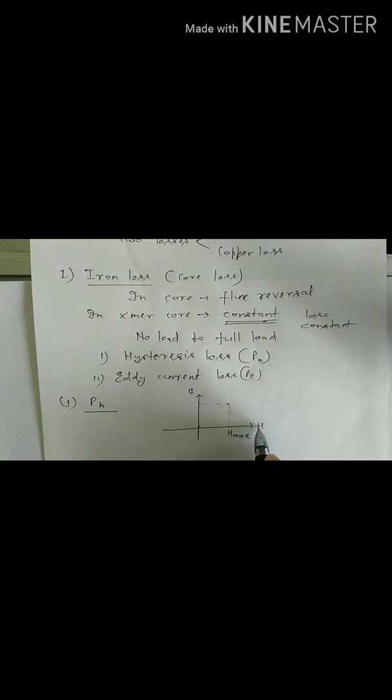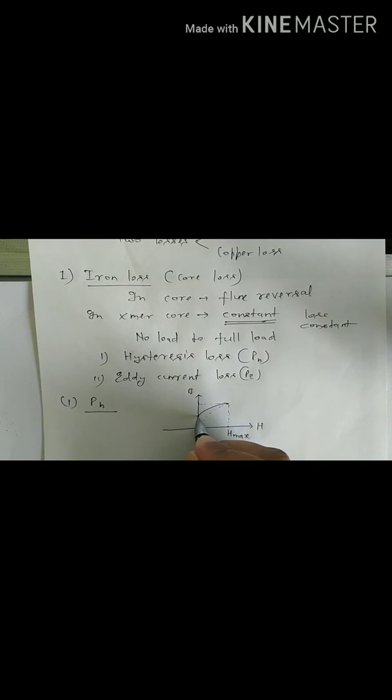Now if I reduce field from H max towards 0, flux density also decreases, but flux density is not becoming 0 when field is 0. This is because of the property of material, and this is the residual flux.